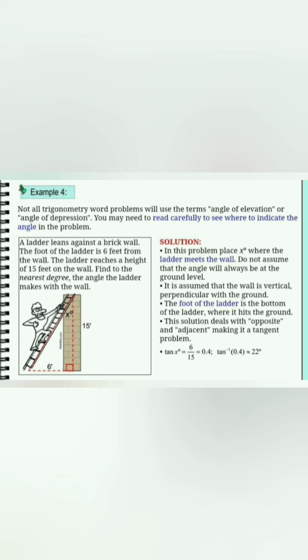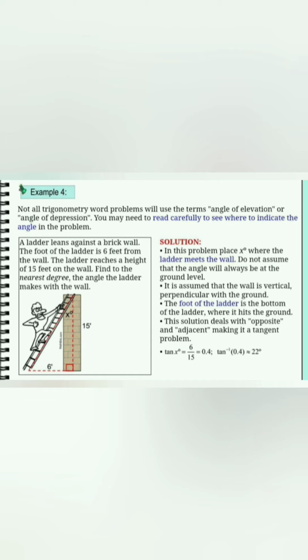After we read the question, we have to underline the points given. By referring to the question, we can know that 15 is the height of the wall and 6 is the distance of the ladder from the wall.